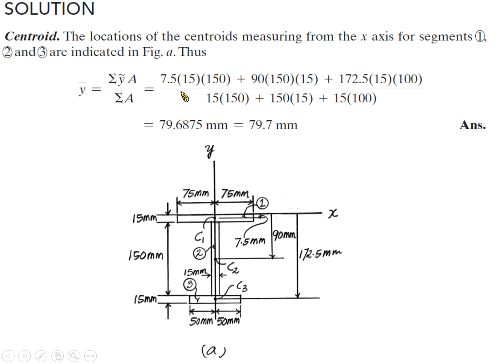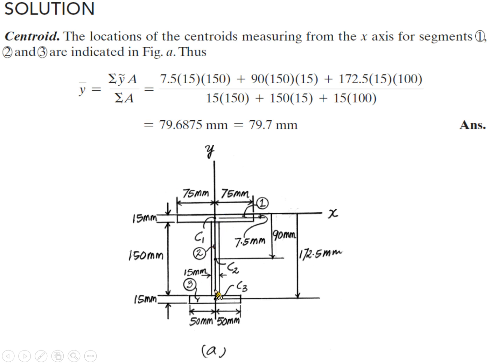So for area 1, 150 is the base, and the height, the thickness, is 15. And then we know the level arm comes from here, halfway is 7.5. Okay, this part.